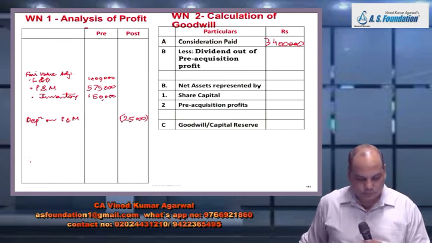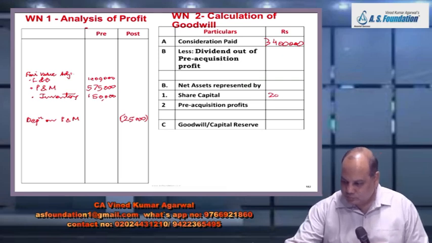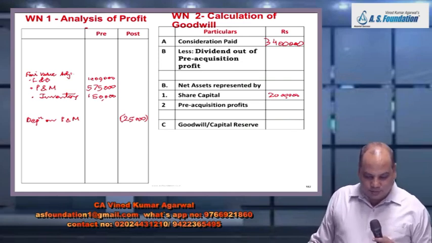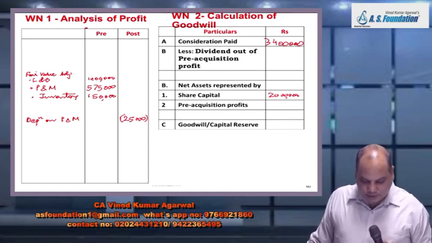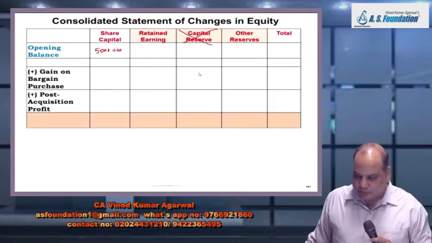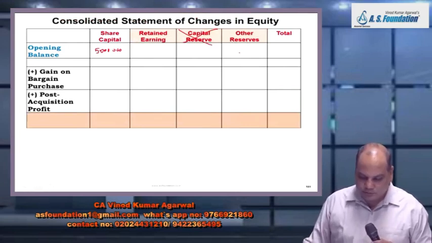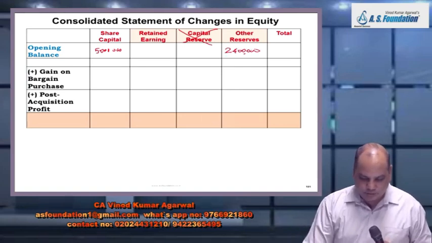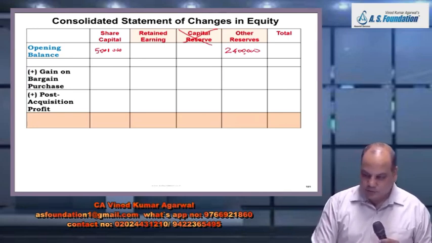How much? 20 lakh. Now next is other equity. Other reserves 24 lakh. Parent company other reserve. Statement of changes in equity. There is a column other reserve. How much? 24 lakh. And retained earning 5,72,000. That also right here.